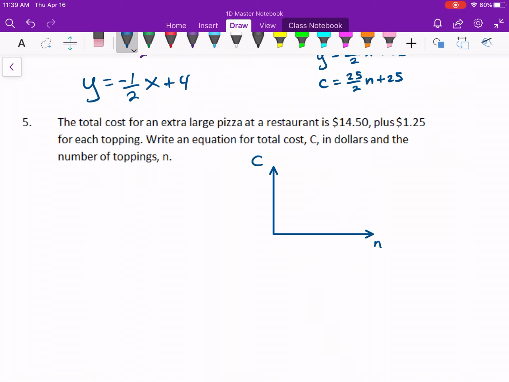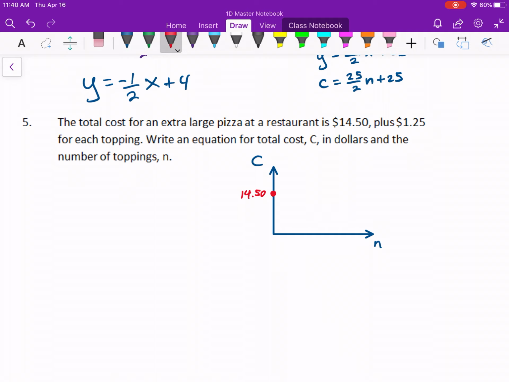The pizza costs $14.50 for no toppings. So again, this is just a sketch, just so we can see what's going on. It costs $14.50. So if I get no extra toppings, that's how much I still have to pay for my pizza.